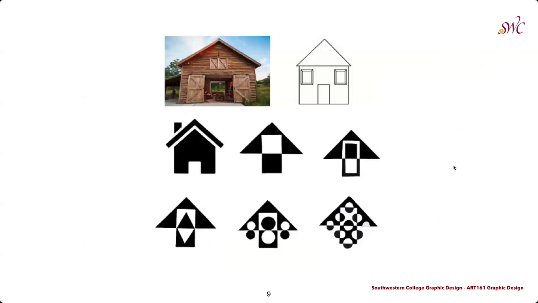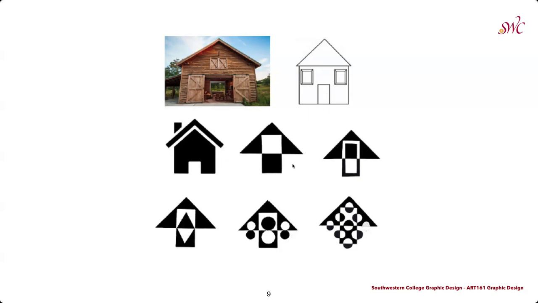So as you get into this project, you want to think about specific references within the abstraction process that you can work with. Now, if we take this image of the house over here, we could see that we could generally put some sort of triangle along the top, some sort of square and rectangles within that, and that would generally communicate some sort of house.